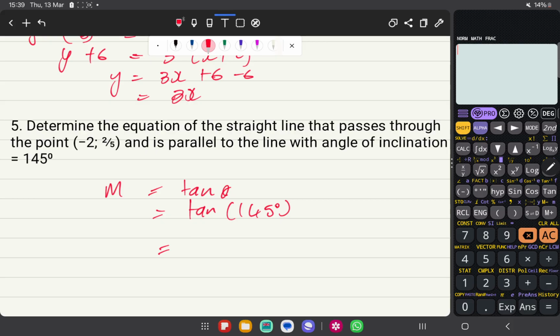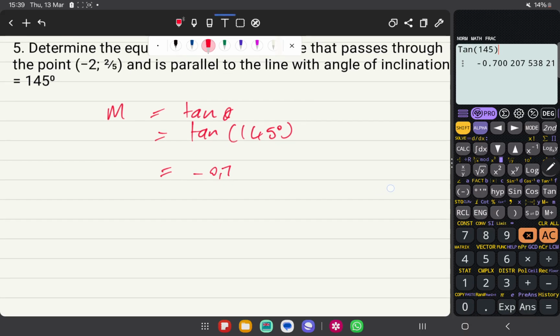Then tan 145, what do we get? We get minus 0.7. Minus 0.7 is our gradient.